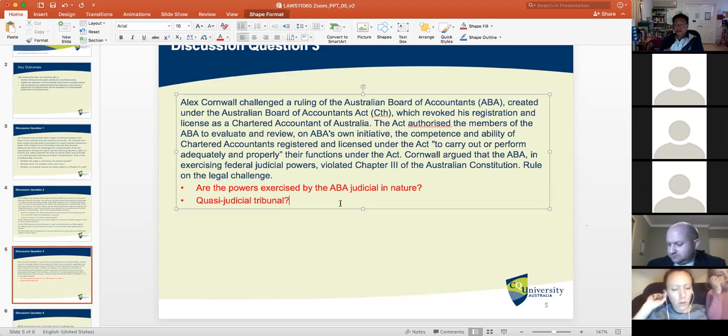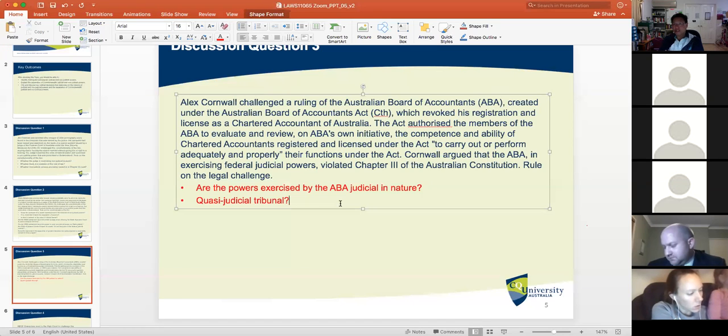No, it can't, because what is involved here is the ABA doing something on its own initiative, which means the ABA is not exercising judicial powers. And because the ABA is not exercising judicial powers, it cannot run afoul of the prohibition against the vesting of non-judicial power in Chapter 3 courts, because the ABA has not been constituted as a Chapter 3 court.